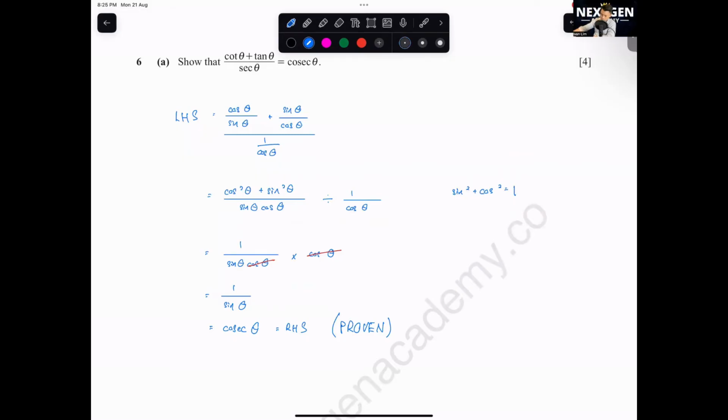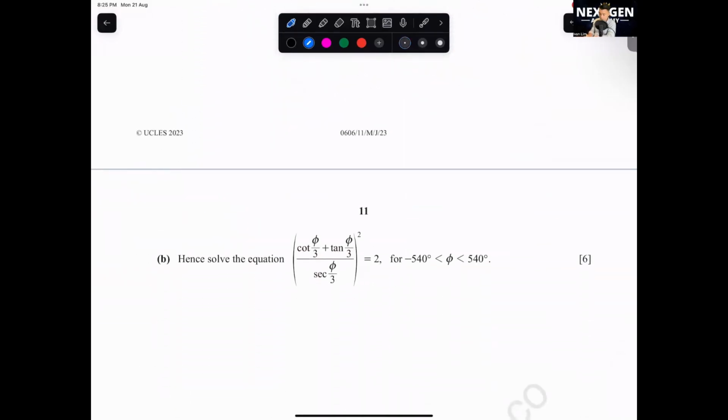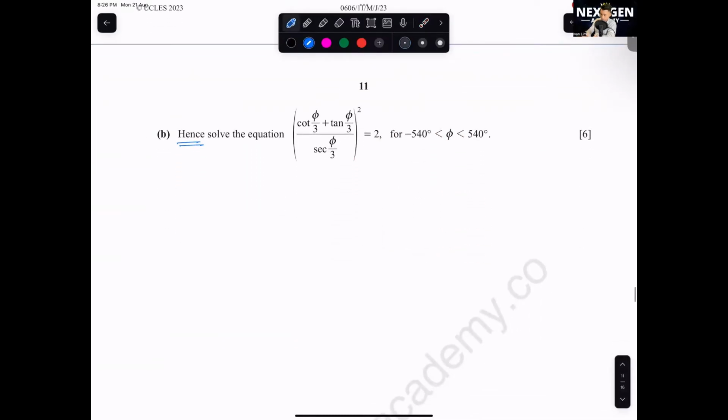Question b. Hence means you will need to look at the previous question. Solve the equation, where your angle is from negative 540 to positive 540 degrees. How to do this? You see above, this is cosec theta. So we are just going to replace theta with 5 over 3.